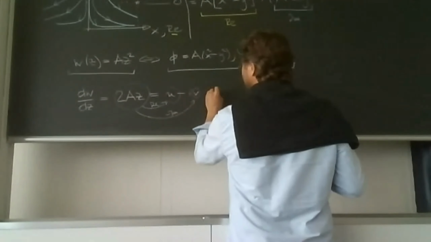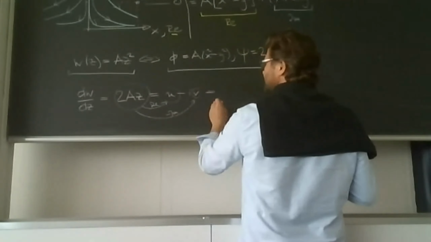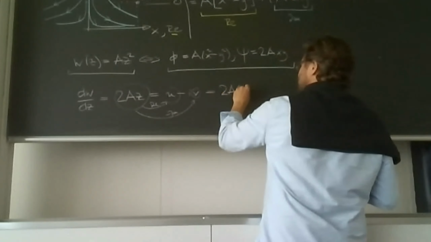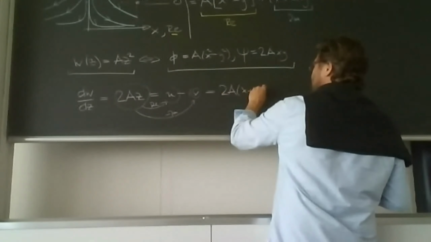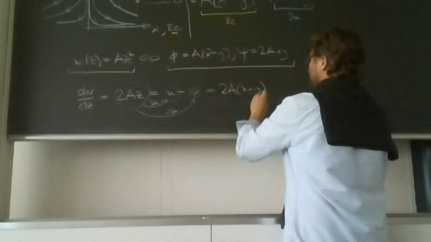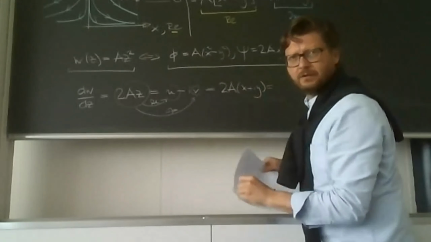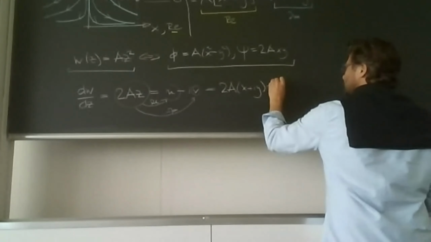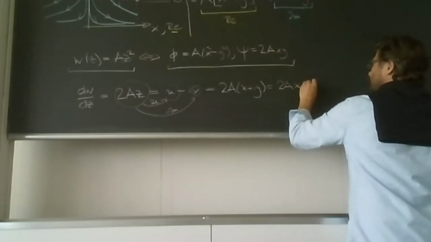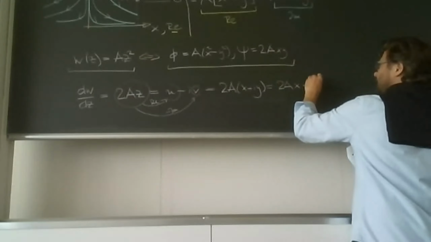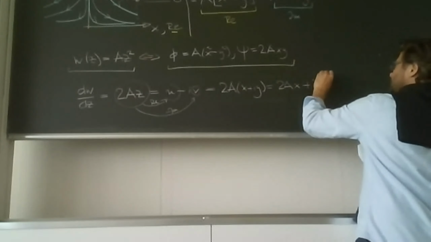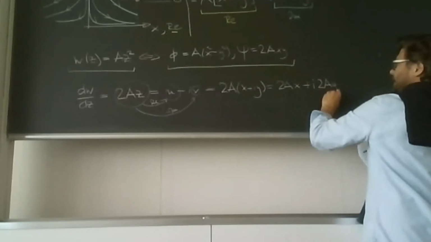Let's look at that. So 2az is just 2a(x plus iy), or 2ax plus i times 2ay.